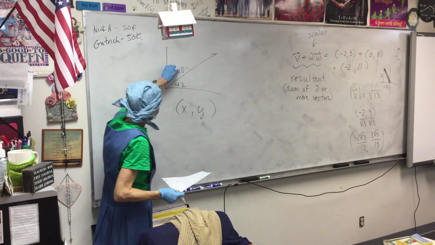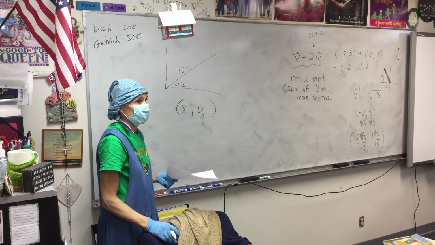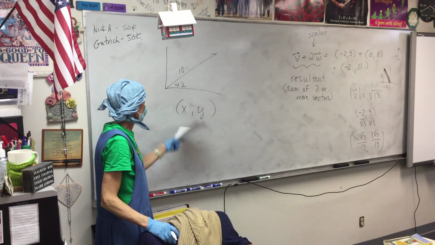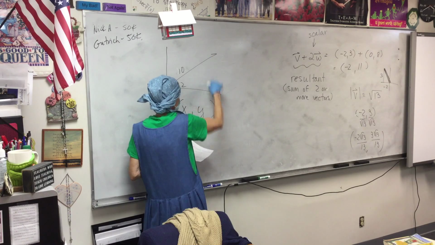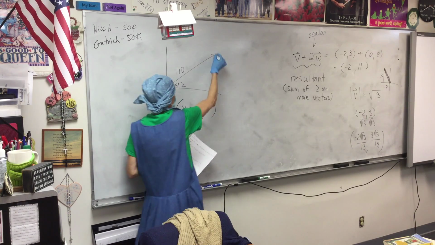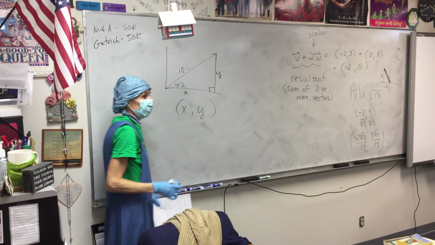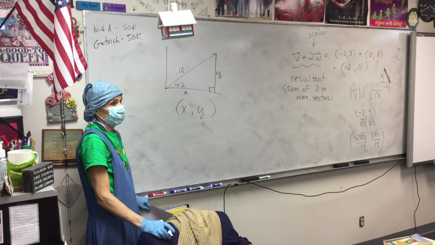Do you remember we did a whole bunch of these the other day? How do we do this? Where are x and y in the picture? Isn't this x and isn't this y? So don't I make a triangle and say here's x, here's y? And then what?